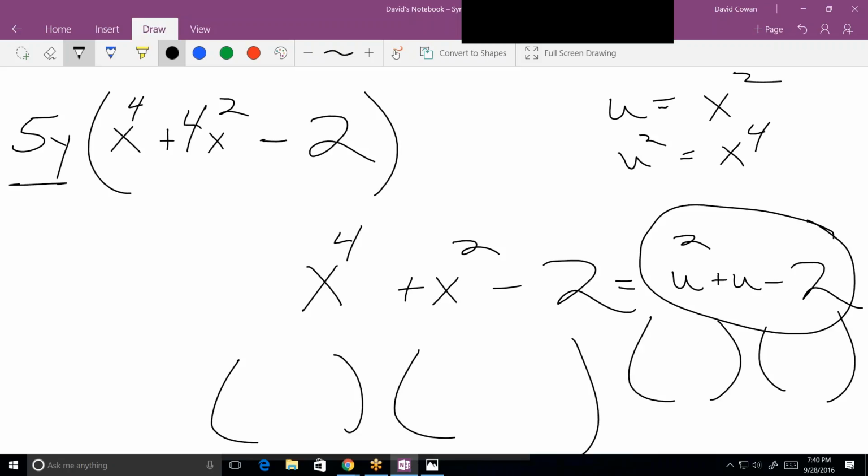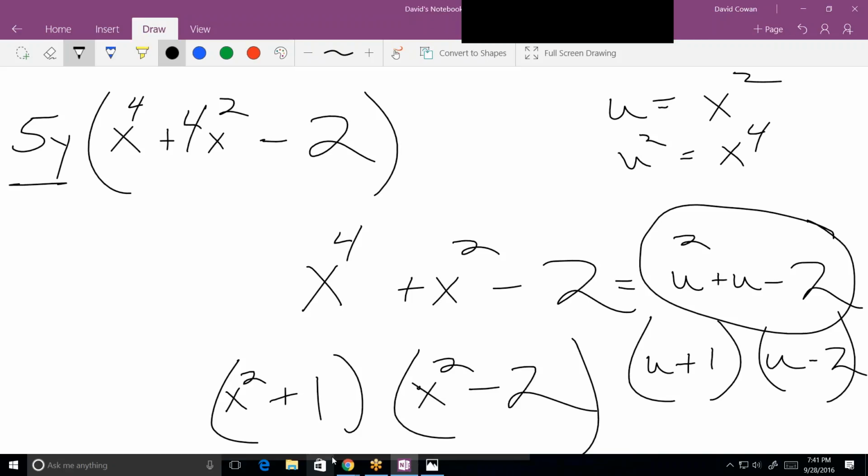How would you factor that? Well, you just put U on the outside of the parentheses, and then it'd be plus 1 and then minus 2. Okay. Well, since U is equal to x squared, I'm going to make this x squared plus 1, and I'm going to make this x squared minus 2.